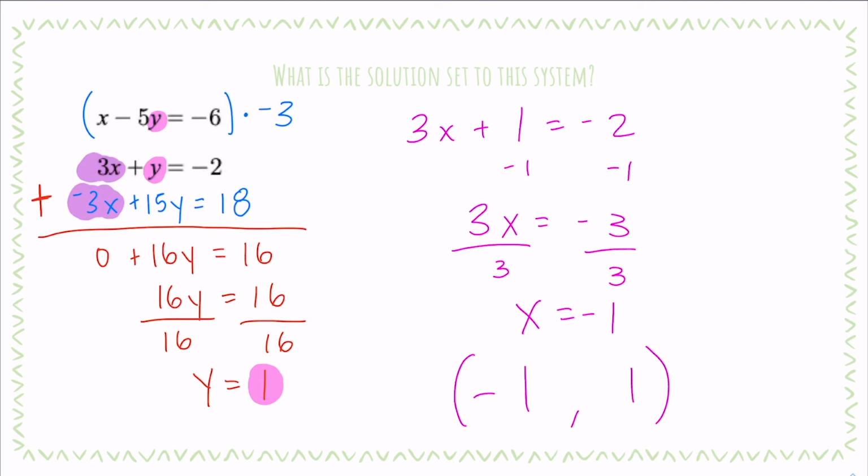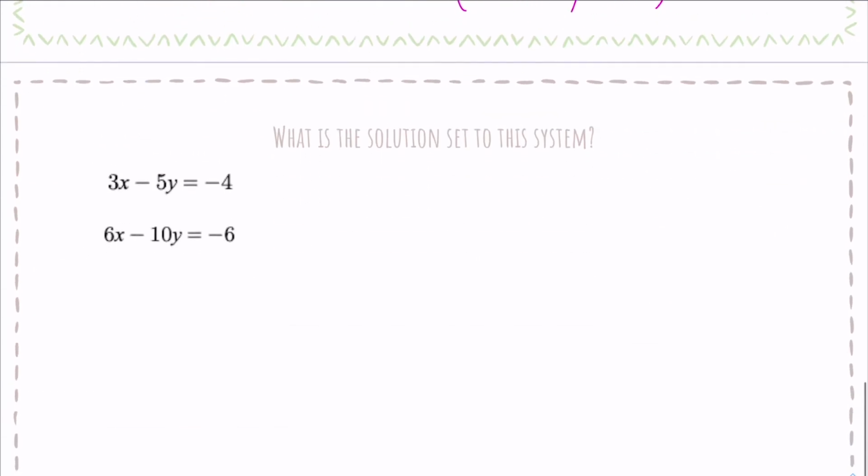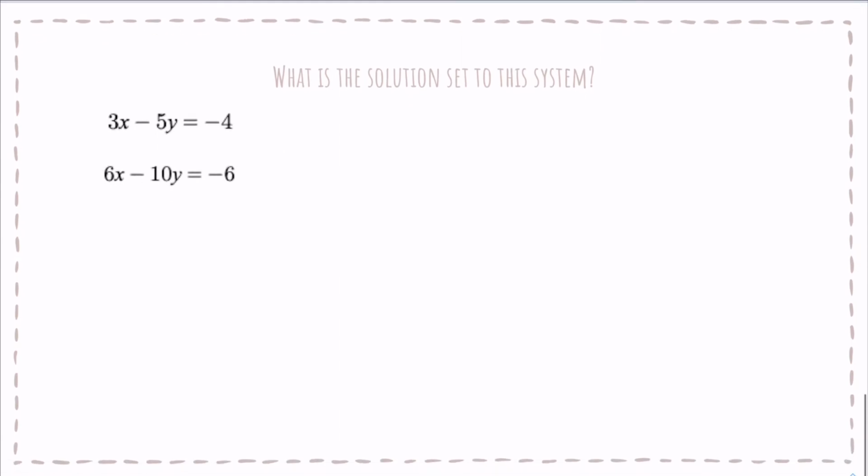All right, one more problem. I want you to try this one by yourself. If you need a push, think about what you can multiply that first equation by to either eliminate the x terms or the y terms. Okay, so hopefully you realize you need to multiply the first equation by a -2.